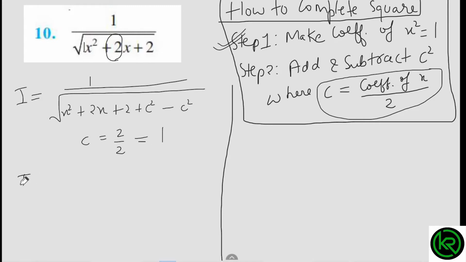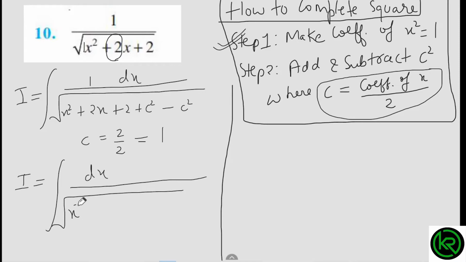Okay, so I will be now here, dx will also be there, dx. Now we are getting, students, x square plus 2x. Okay, and this c square is 1. I am writing here 1 square, and plus 2 here, and minus 1 square.